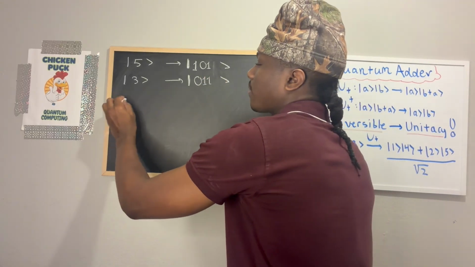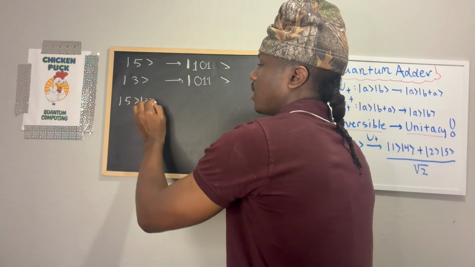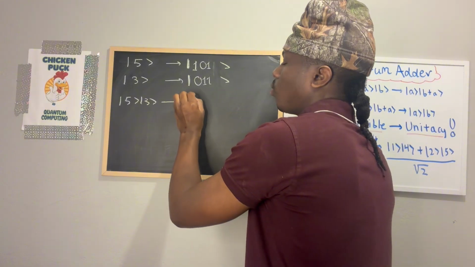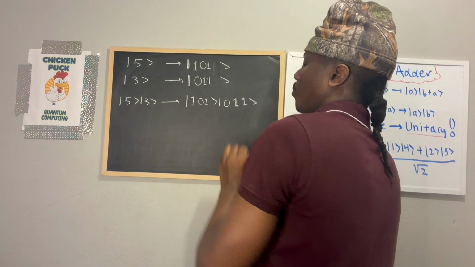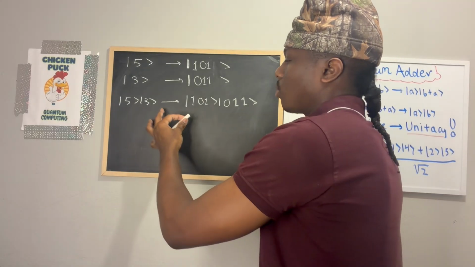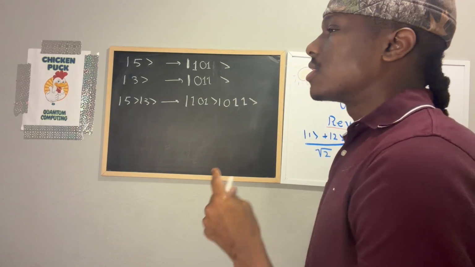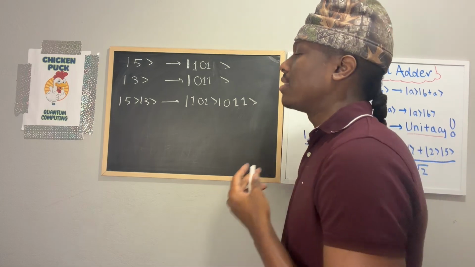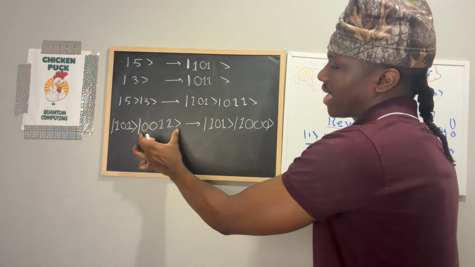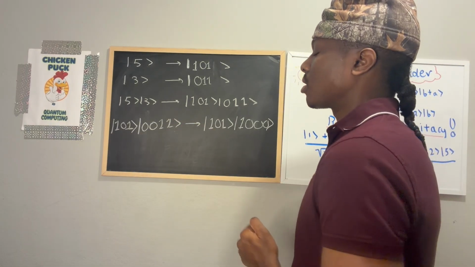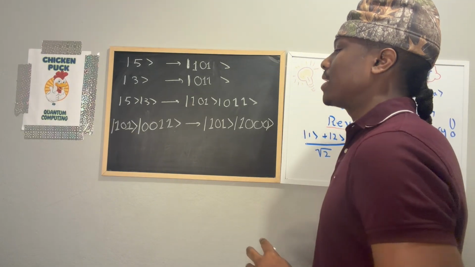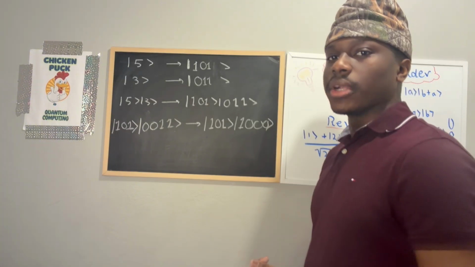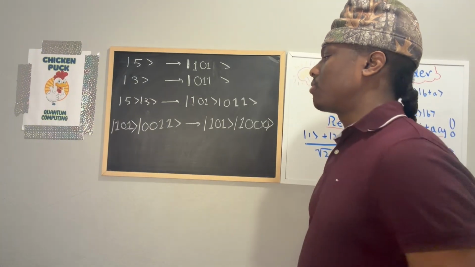So therefore, ket 5, ket 3 really represents 1, 0, 1, and then 0, 1, 1. The quantum adder will act on these qubits, so the second register will actually contain their sum. And notice I padded this input register with an extra 0 because the output needs 4 bits, so we can just increase the size of this input register.